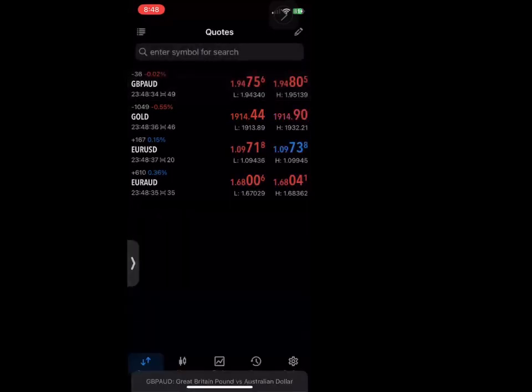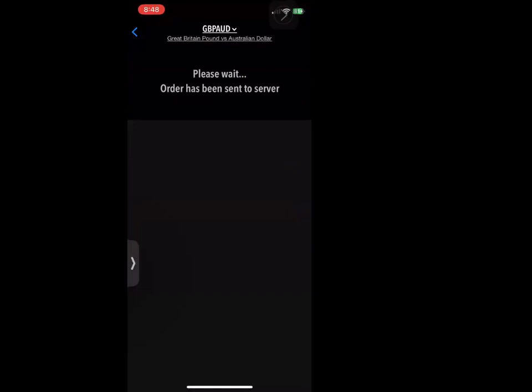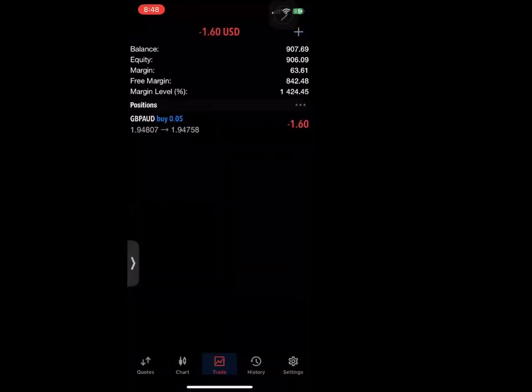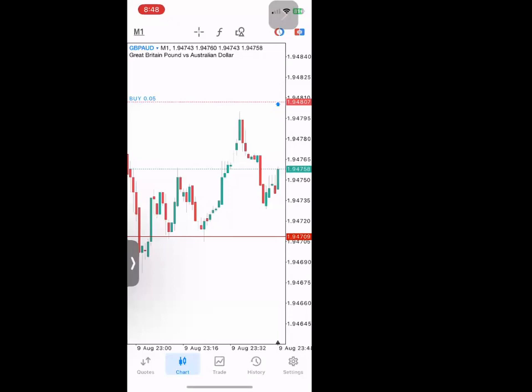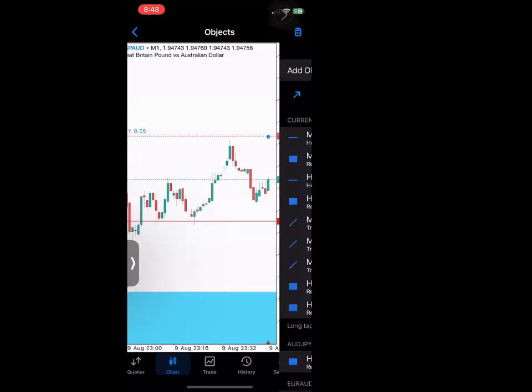Now we want to buy. Make sure your lot size is at 0.05, for a reason. Now we enter buy. Boom. Once we enter buy, let's go back to the charts real quick. We entered buy. Where did our entry begin?